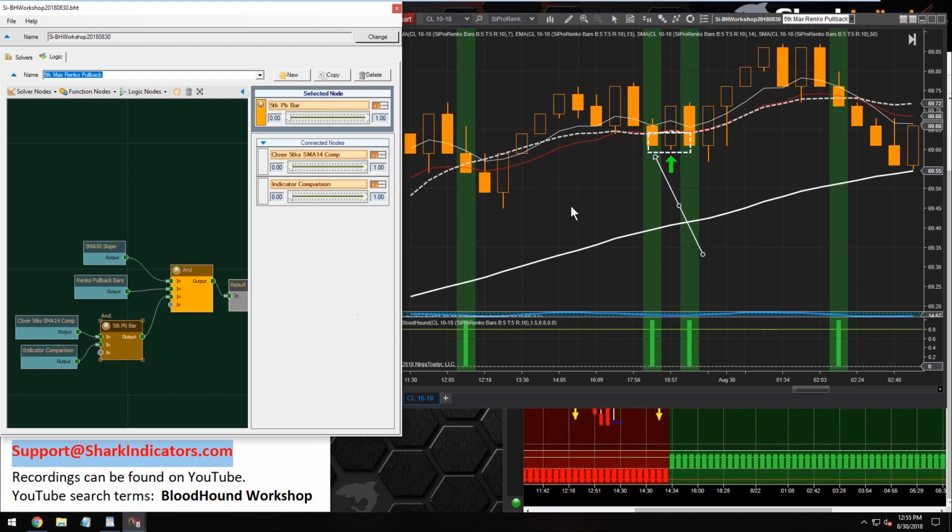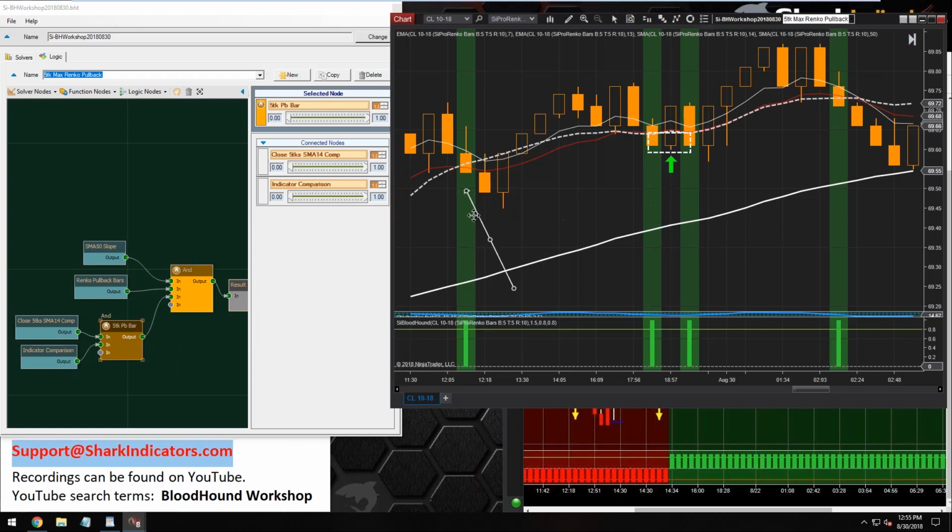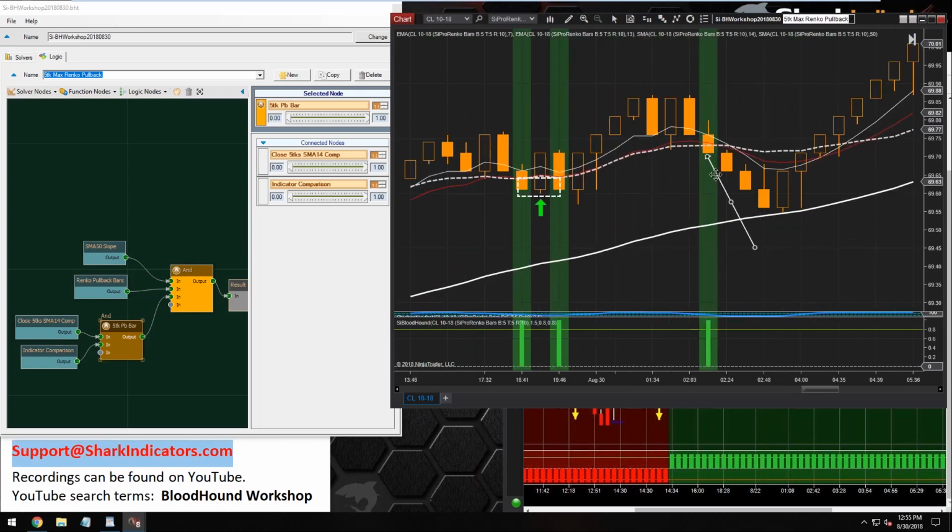Okay, so let's see here. All right, so we have the pullback. Basically, the pullback is identified, right? The proper pullbacks here. This first bar qualified, but of course the continuation of the pullback did not qualify anymore, so there's no output signal here.